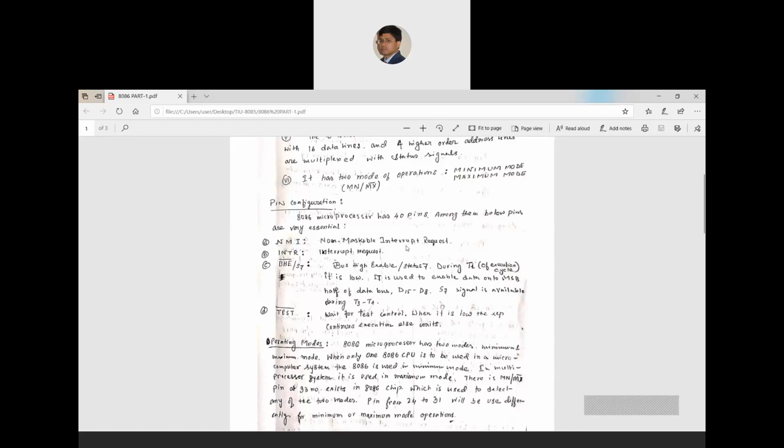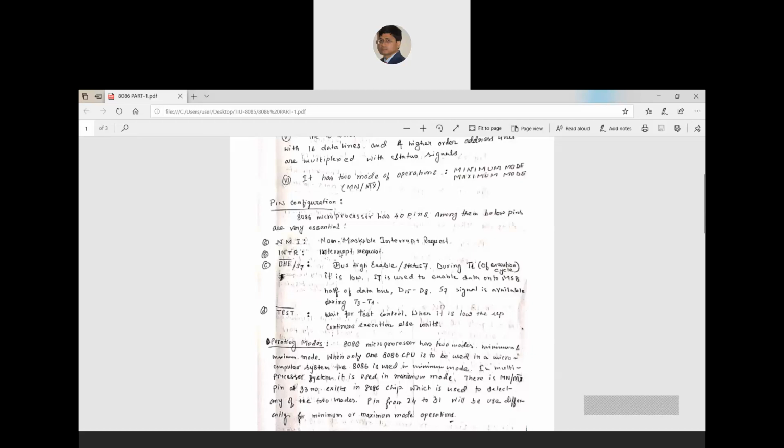The second is the interrupt request. This interrupt request pin is also there in 8085, but as NMI is not there, I have written these two pins separately. NMI is there in 8086, which is used for the non-maskable interrupt request, and there is the general interrupt request pin.